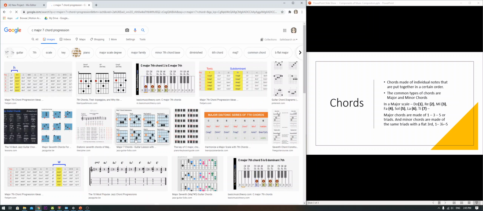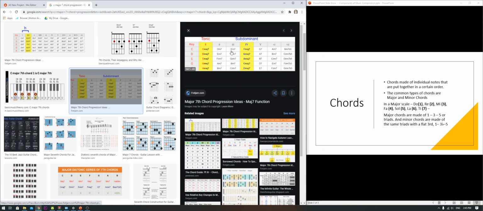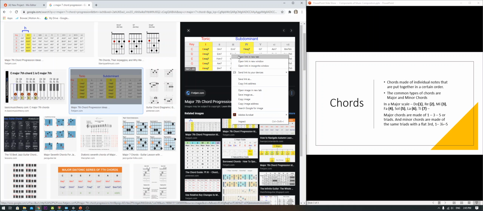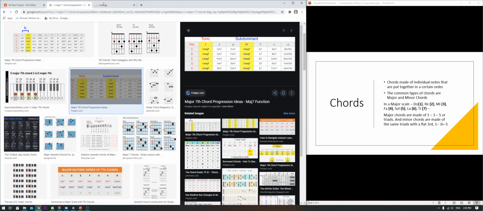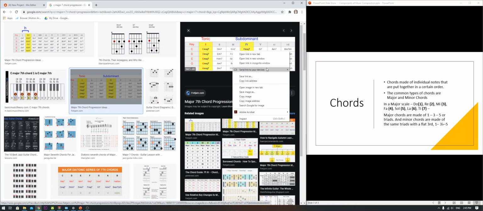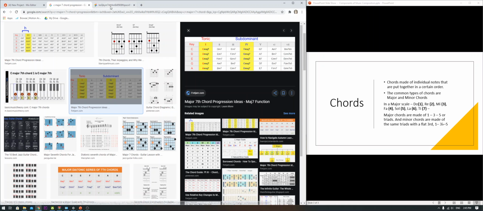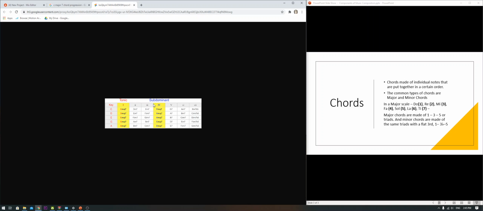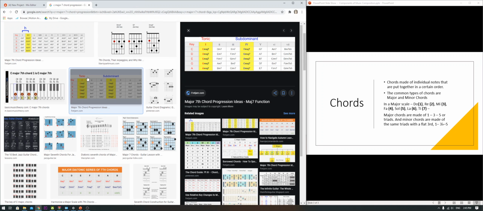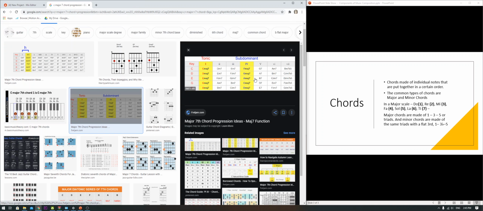There you go, and then there you have it. Maybe this chart should be good. I can't make it bigger. Dang it, it's too small, but this one's kind of good.